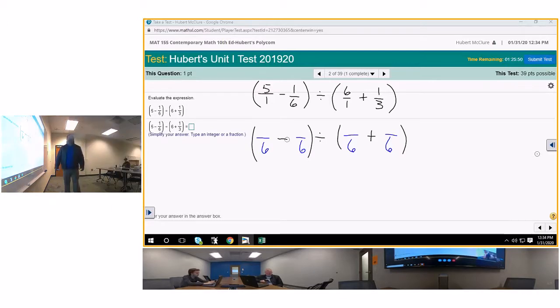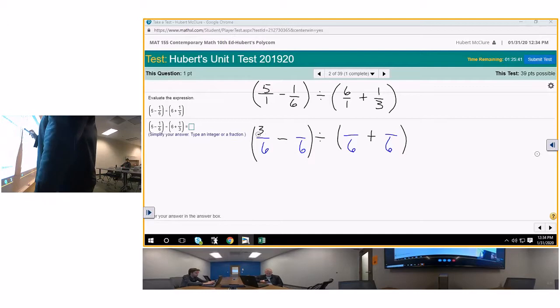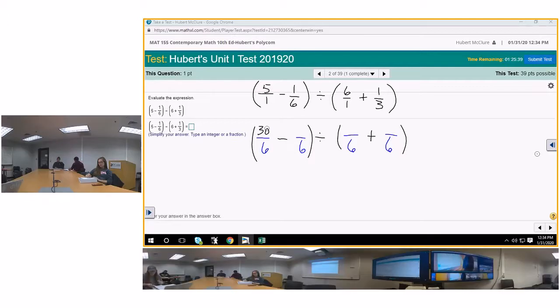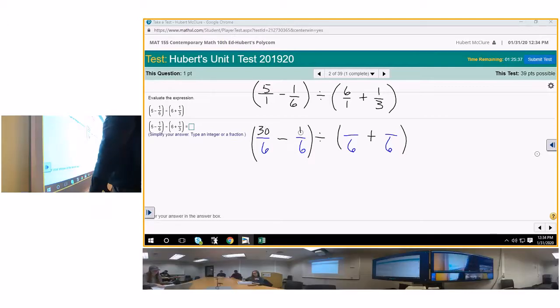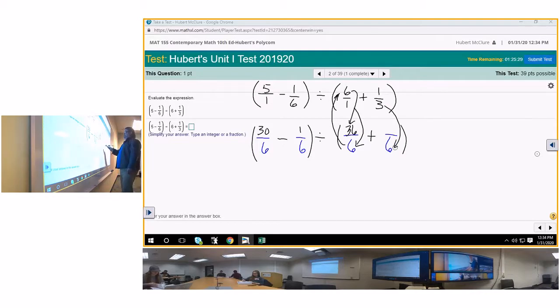So, 1 will go into 6 how many times? 6. 6 times 5 is 30. 6 will go into 6 one time. 1 times 1 is 1. 1 will go into 6 how many times? 6 times 6 is 36. 3 will go into 6 2 times. 2 times 1 is 2.